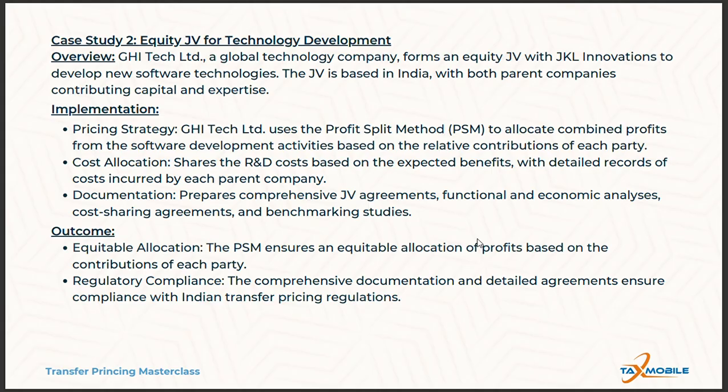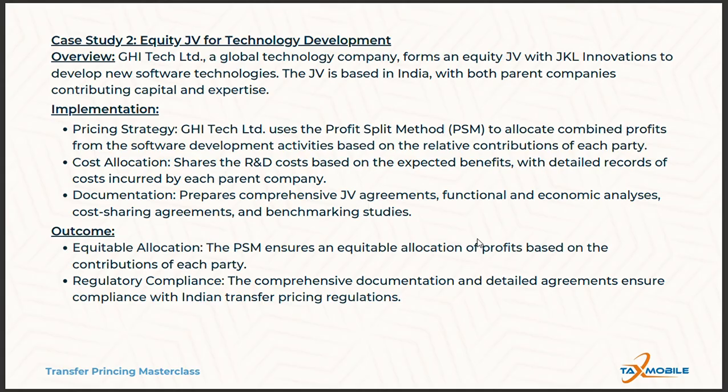Now, with this implementation, the pricing strategy: GH High Tech Limited uses the profit split method to allocate profits based on each parent company's relative contribution to the software development. Secondly, research and development costs are shared, which is cost allocation, with detailed records kept of the costs incurred and expected benefits for each party.